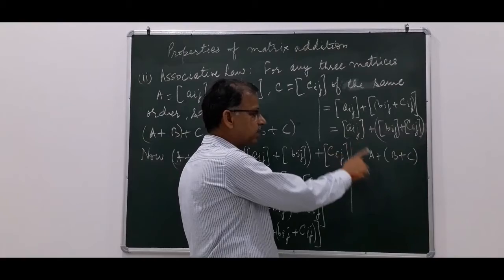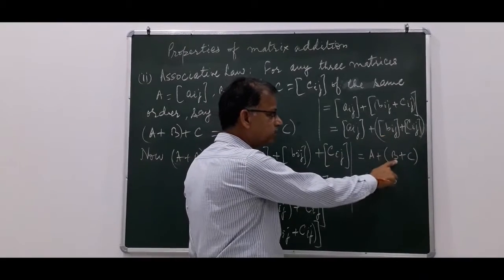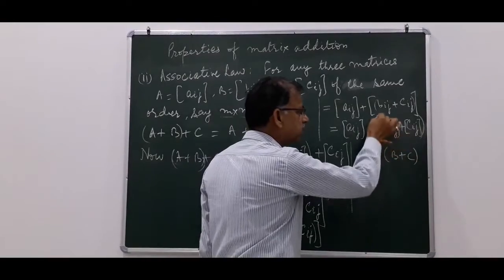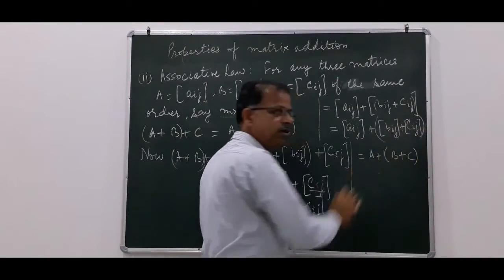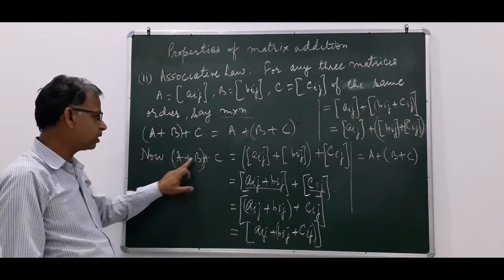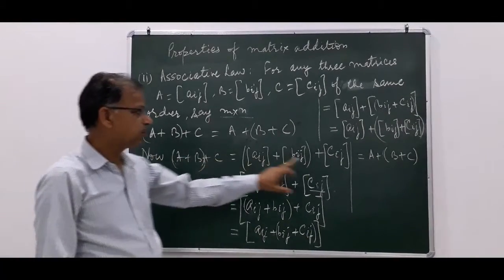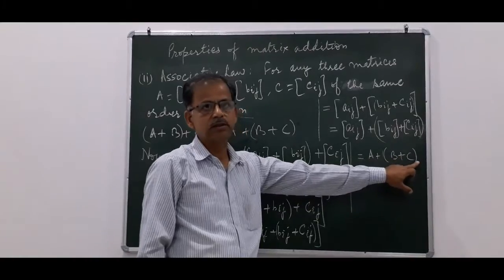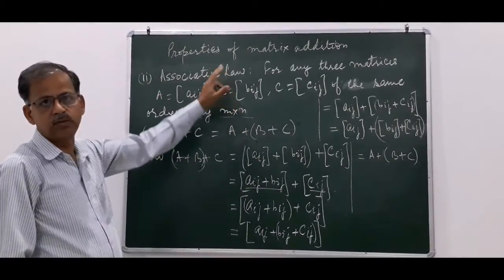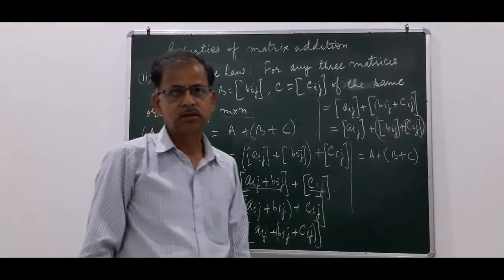Now Aij is matrix A, Bij is matrix B, and Cij is matrix C. Now these two matrices are written in bracket, so we write it in bracket. It means we have proved that (A plus B) plus C is equal to A plus (B plus C). This property is known as associative property or associative law.